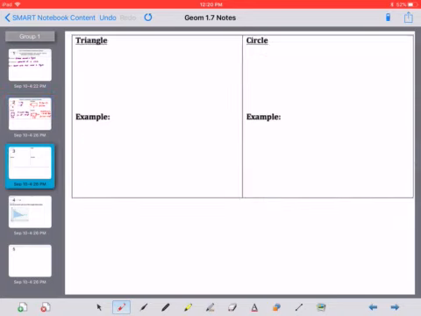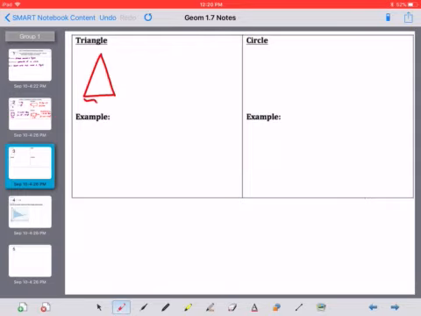Next part is finding the area and perimeter of a triangle. So, say we've got this triangle here, and there's 2 things you need to know about a triangle to find its area.